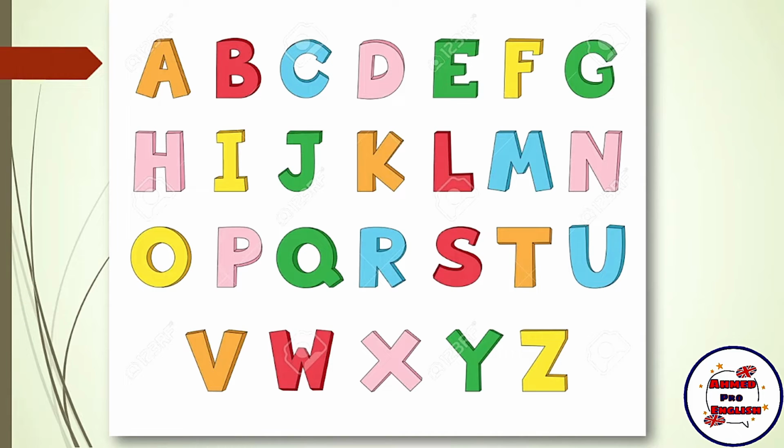A, B, C, D, E, F, G, H, I, J, K, L, M, N, O, P, Q, R, S, T, U, V, W, X, Y, Z. Here you can say Z or Z, the same thing.